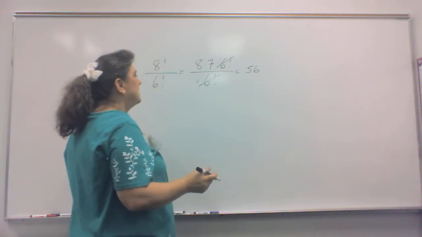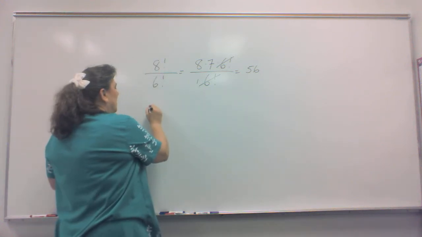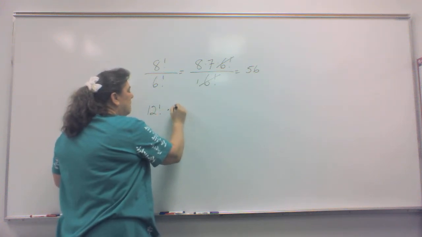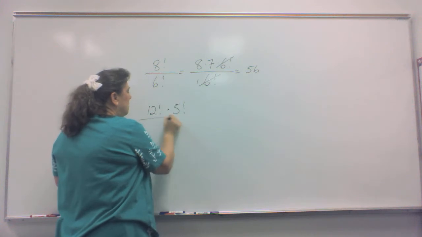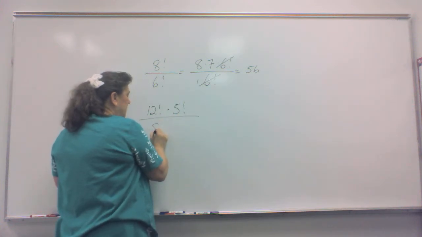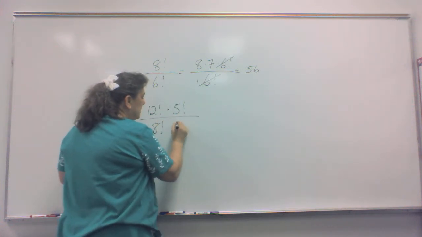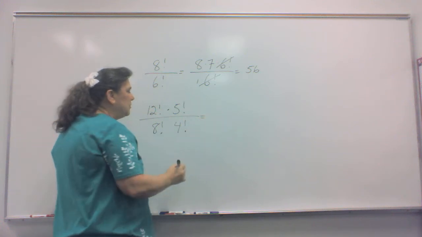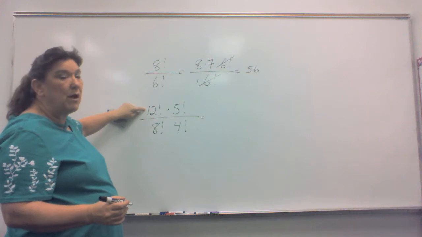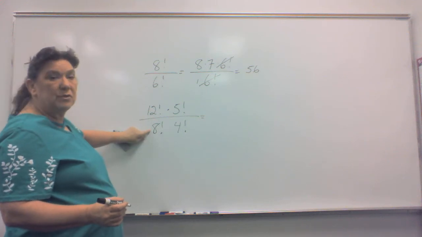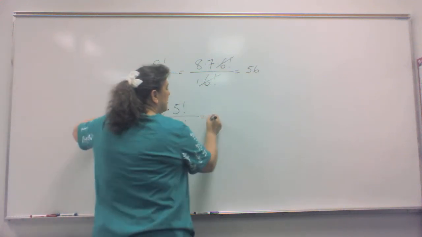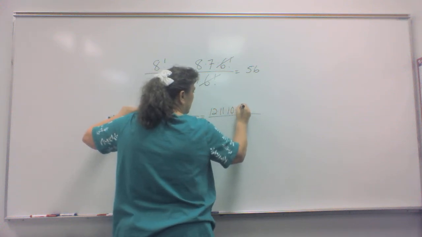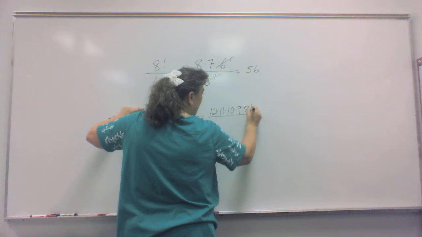So let's look at some others that you might do. Maybe you'll have 12 factorial times 5 factorial over 8 factorial times 4 factorial. Again, you would do the same thing. I would start with my 12 and only go down to 8 factorial. So this would be 12 times 11 times 10 times 9 times 8 factorial.